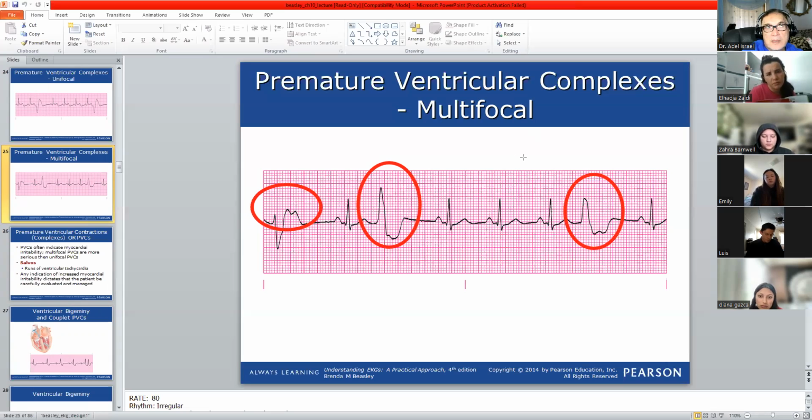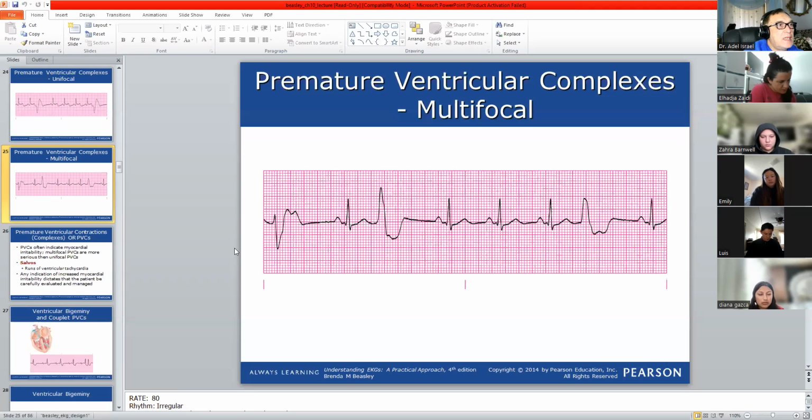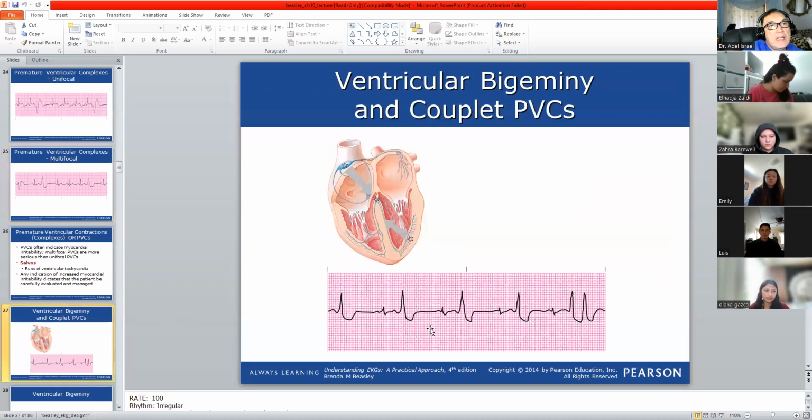You got it? Any questions so far? All right. So the premature ventricular complex can be multifocal and can be unifocal.